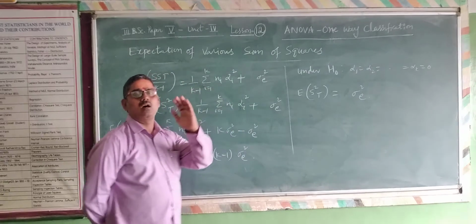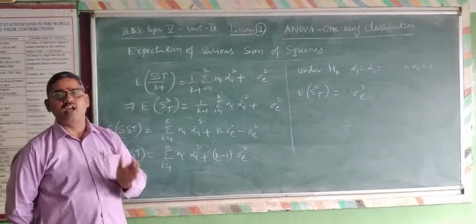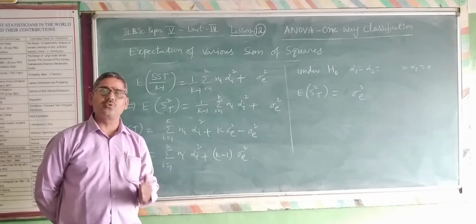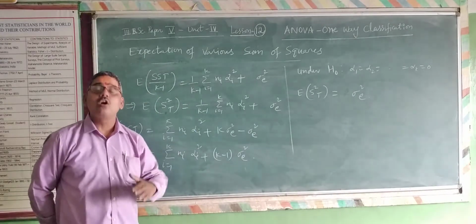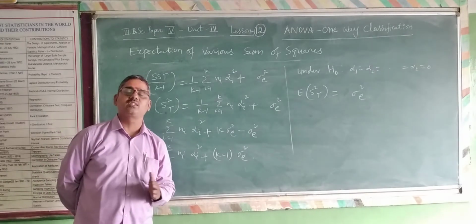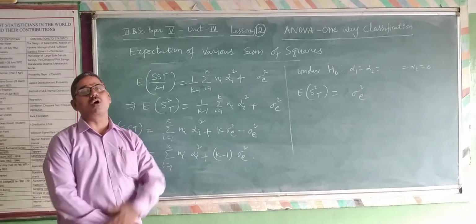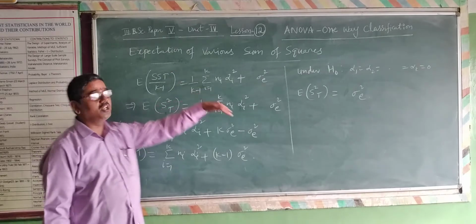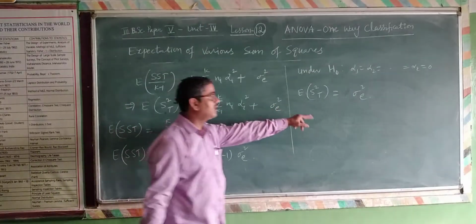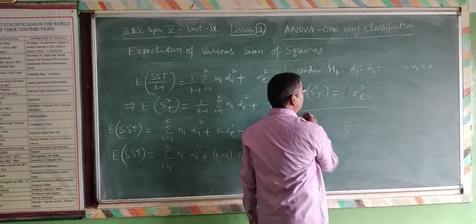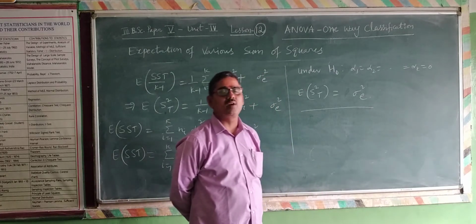This is one calculation of expectation of sum of squares due to the treatments, and also expectation of mean sum of squares due to the treatments, expectation of S_t squared under H naught. It is also calculated, and the value is expectation of S_t squared equal to sigma_e squared.